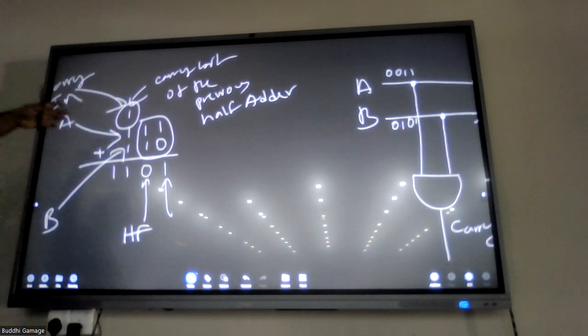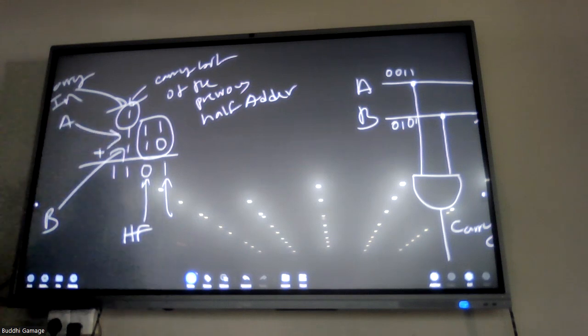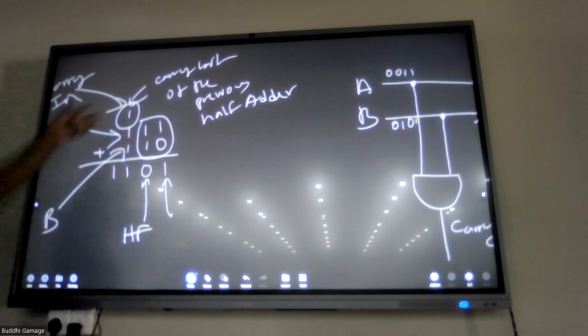So when we do binary addition, we identify that there is a particular case where we need to add 3 bits, right? For that particular case, we need another logic circuit. So now we need to decide that one, right?